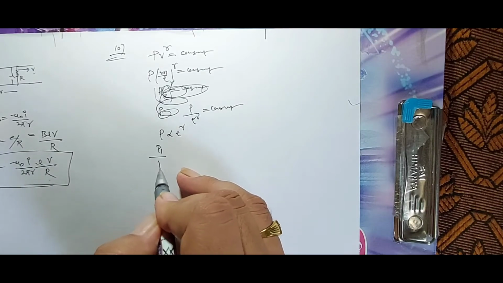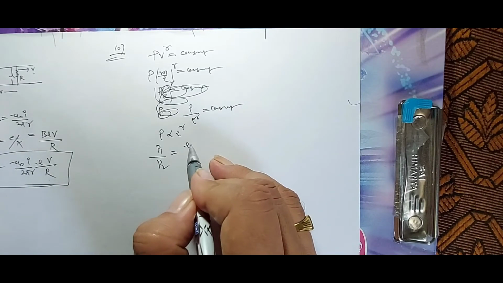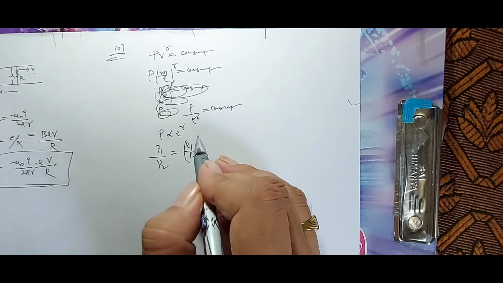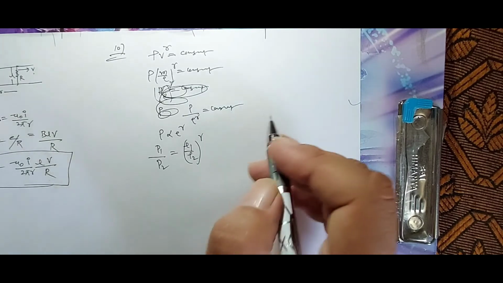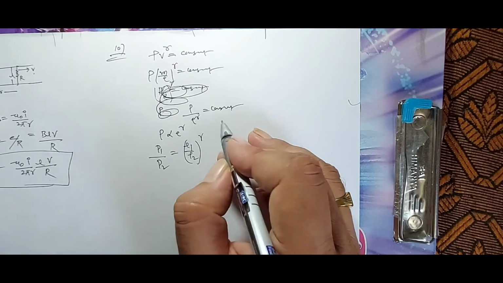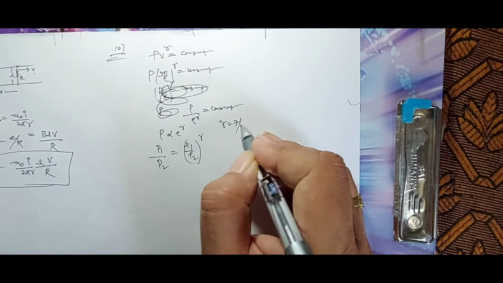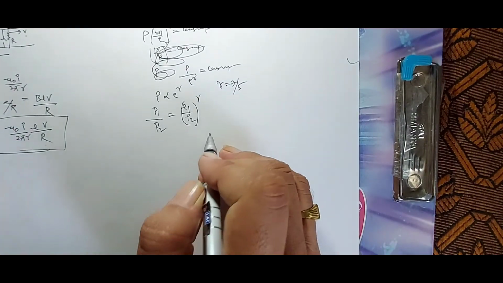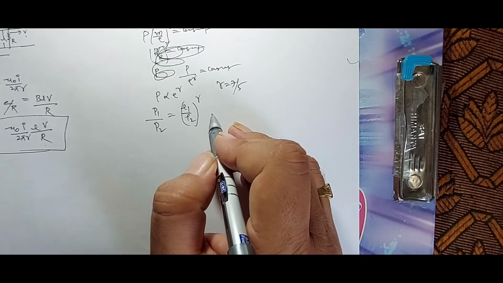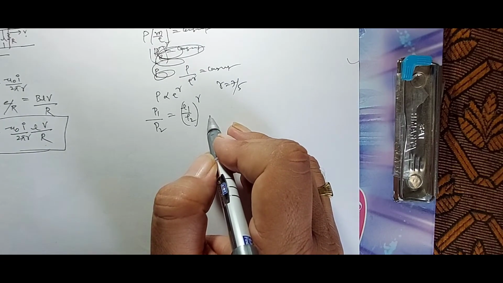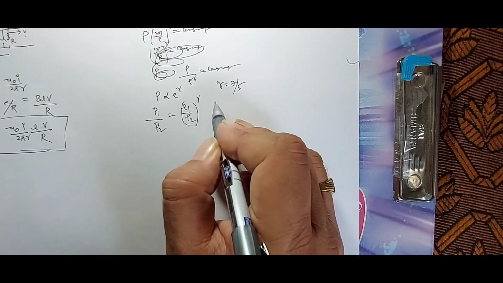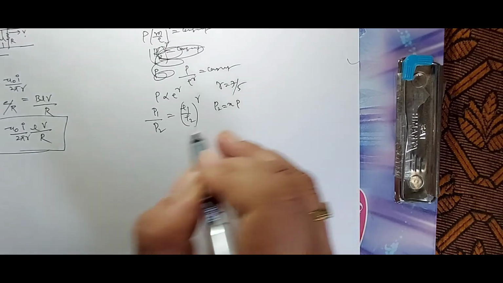P1 by P2 is equal to rho 1 by rho 2 whole to the power of gamma. Since it is a diatomic gas, gamma is equal to 7 by 5. The final pressure of the gas is found to be n times the initial pressure, that means P2 is equal to nP.